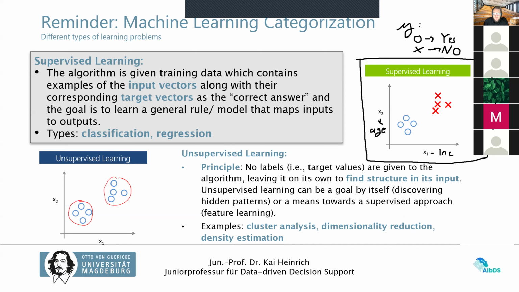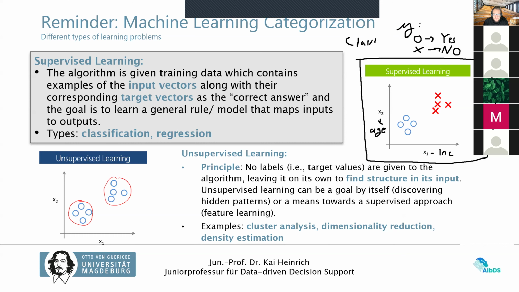So this is yes and no. What we're going to do, and this is supervised learning, is distinguish the X's from the O's, right? In this case, this is a classification, by the way. Regression looks different, but we don't cover it now.